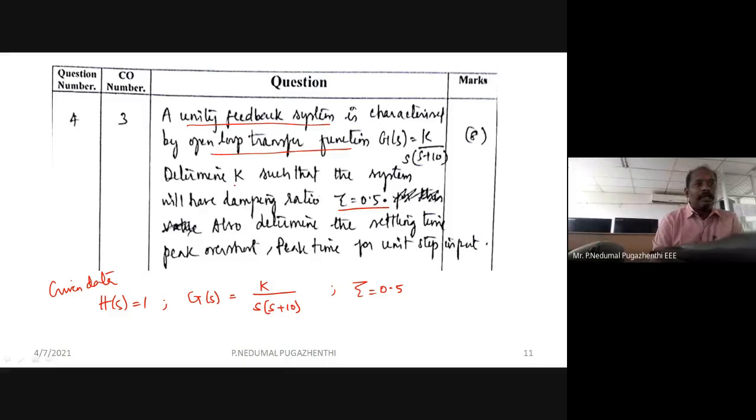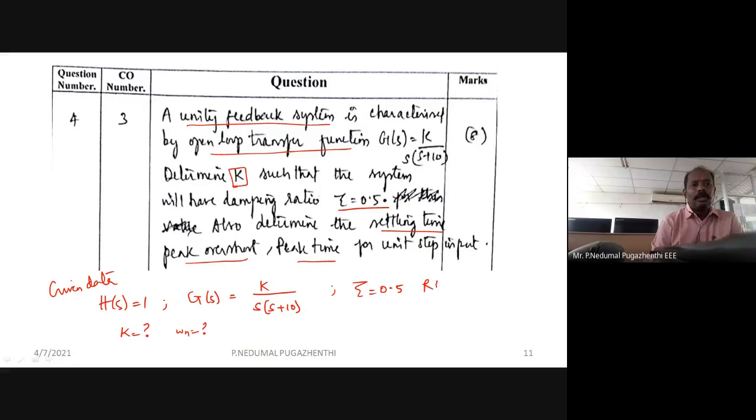What are they asking for? They are asking for the value of k. So find k first. Once you find k, you will have your own transfer function. With zeta, you can find omega n. Then try to find the settling time, peak overshoot, and peak time.